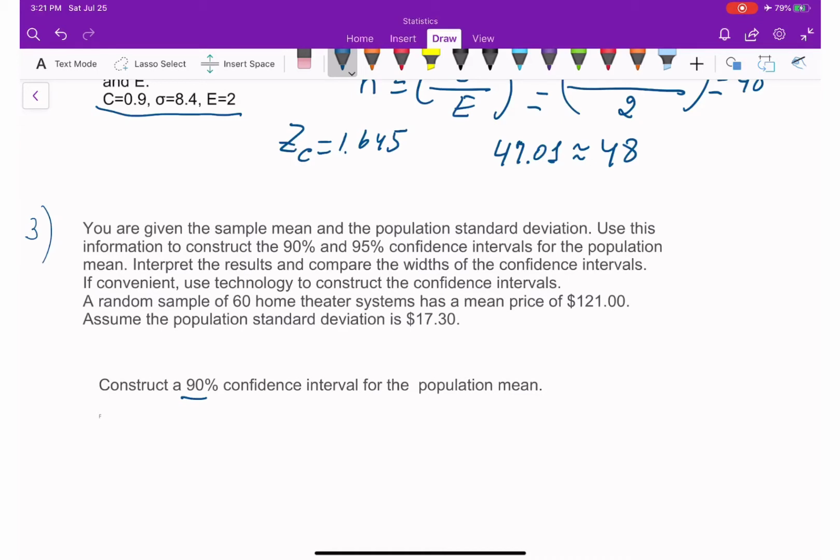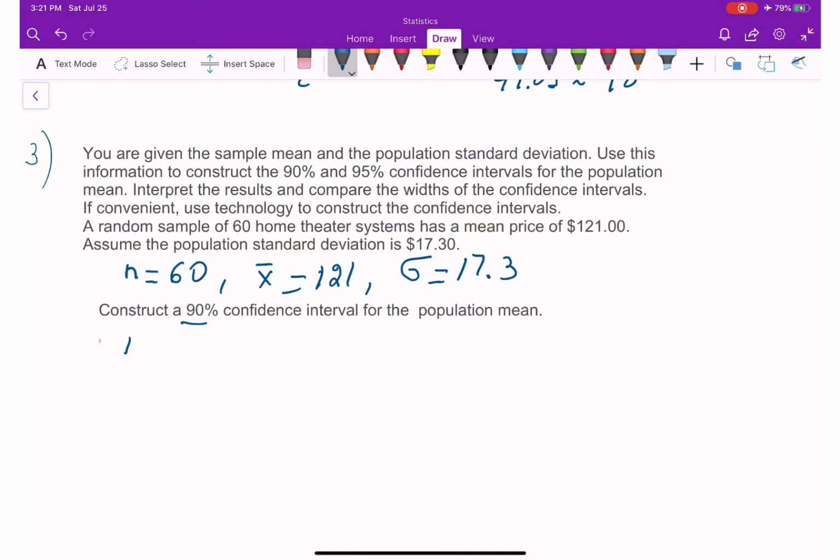A random sample of 60 homes, n is equal 60, let me write down right here, home theater system has mean price 121. Assume population standard deviation, which is sigma, 17.3. Okay? So, since we need to construct 90%, our confidence level is 0.9, 90%.